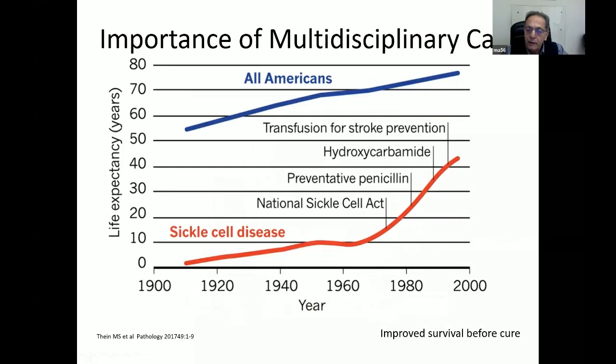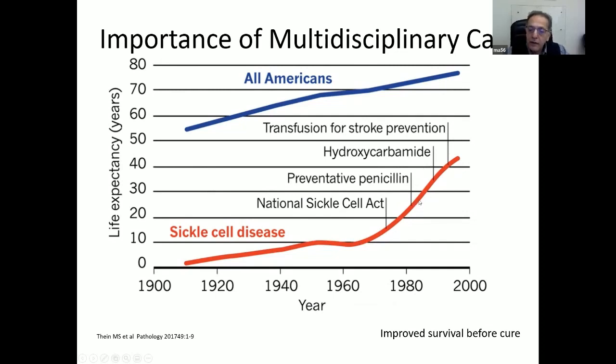Now, it is well known that mortality in sickle cell disease has been decreasing and survival improving over time, despite the fact that adults still do not live as long as people who do not have sickle cell disease. But it's to be noted that the advances since 1960 till the 2000s have been made without there being a cure for this disease.